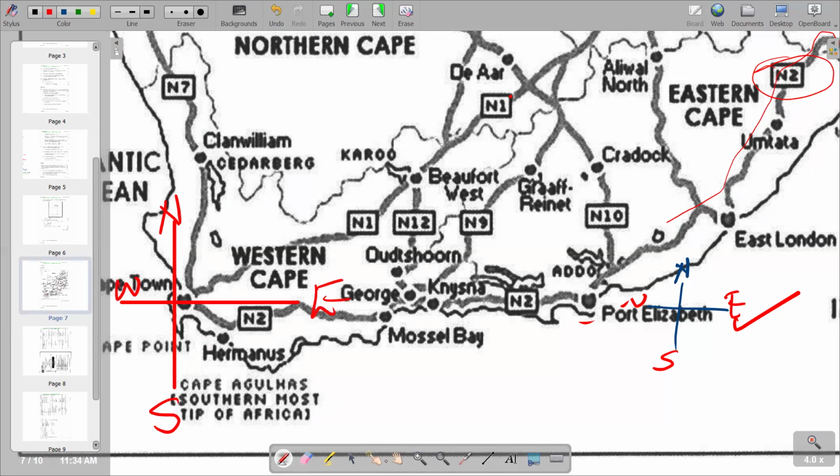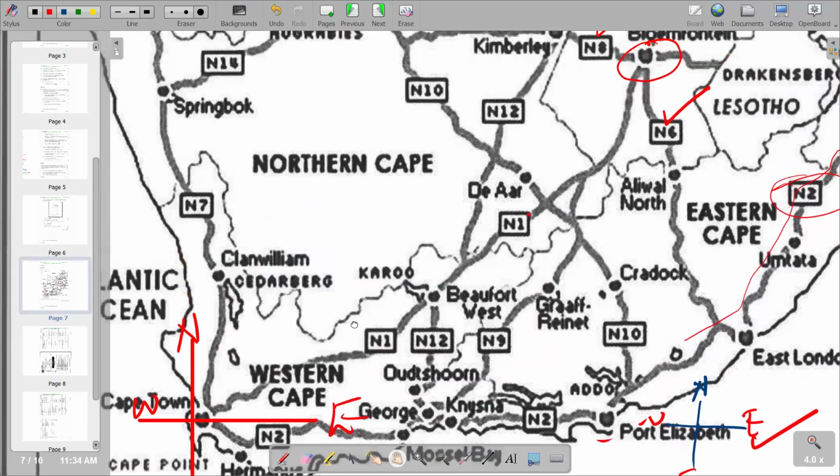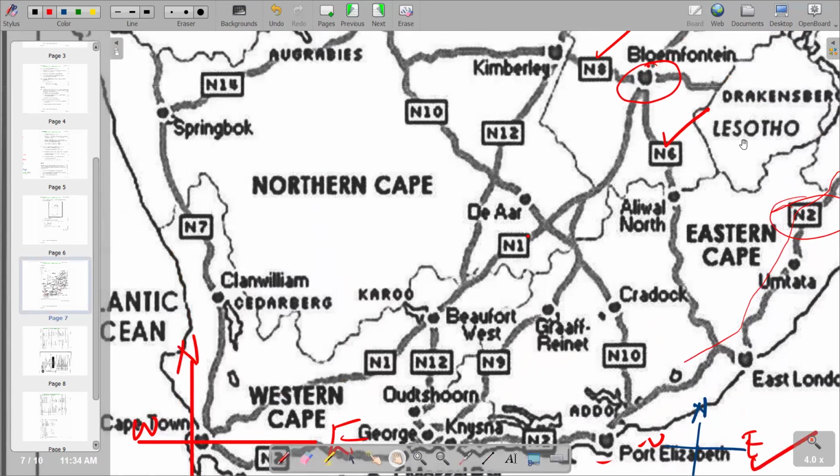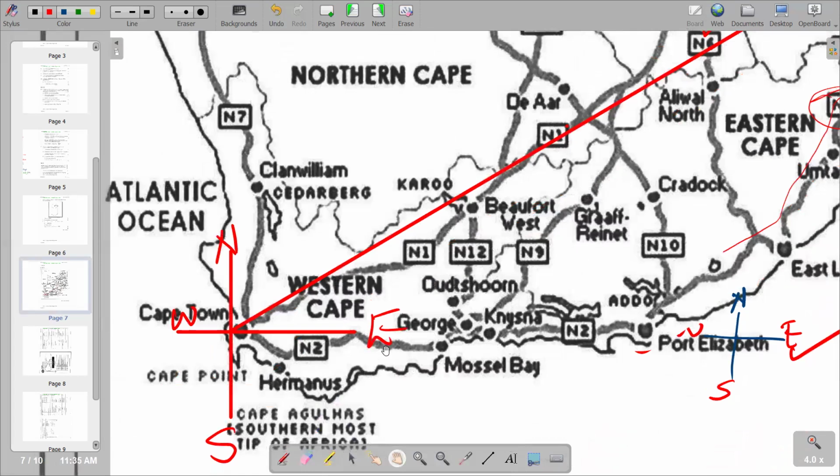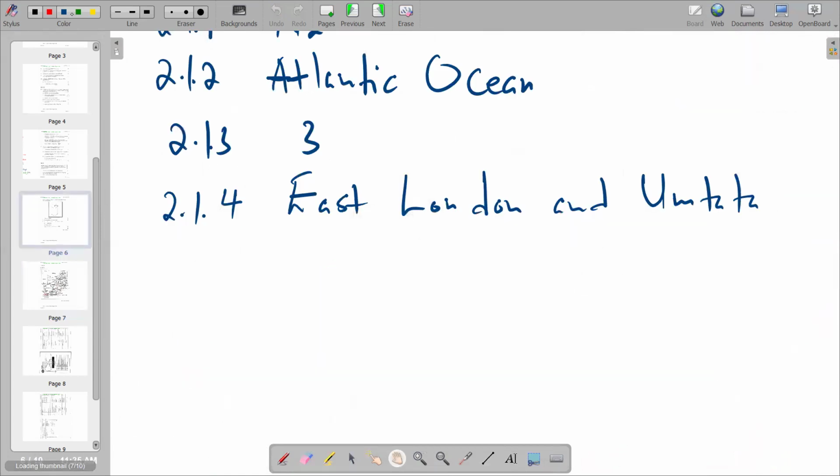And then we check where we have our Lesotho. Lesotho is here. So of course we connect again, Western Cape to Lesotho is this one. So of course, according to how we can read the direction there, we've got north and east. So we've got northeast. So we refer to that as northeast. That is 2.1.5.